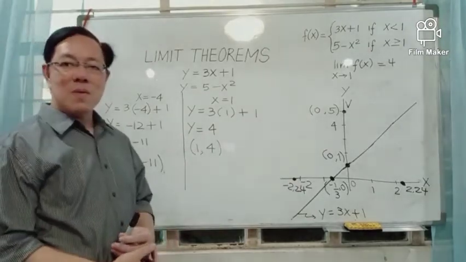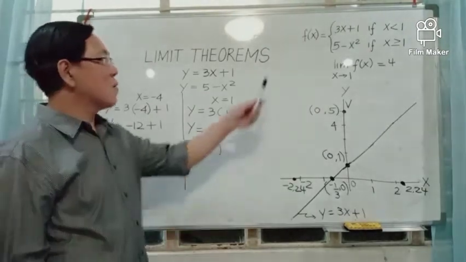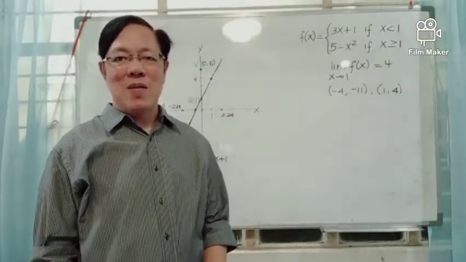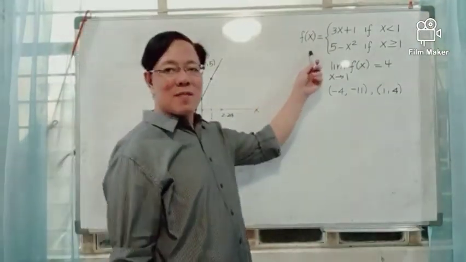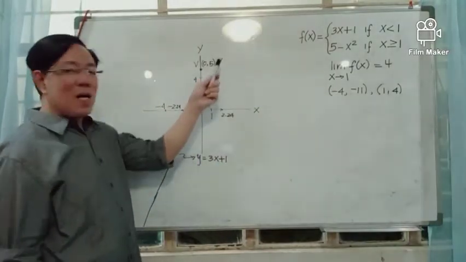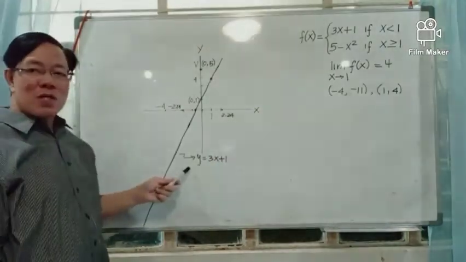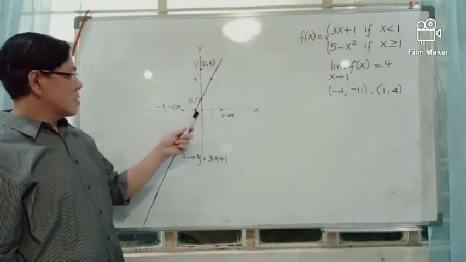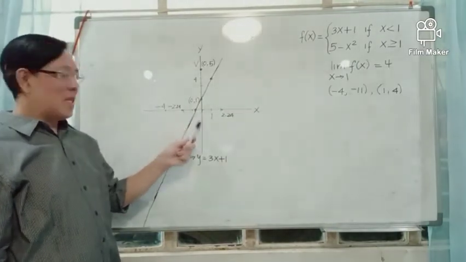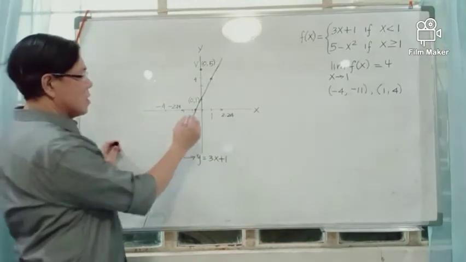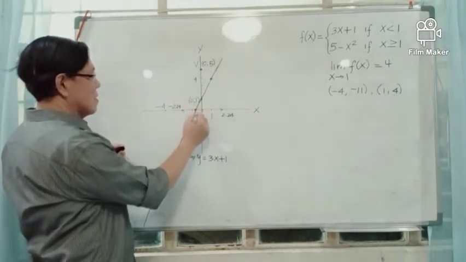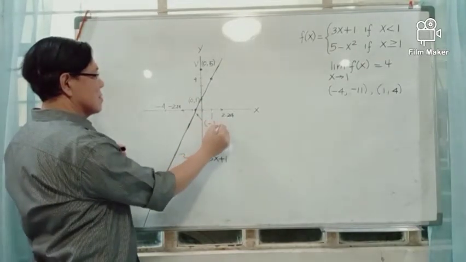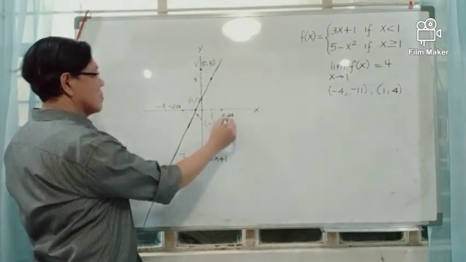We will now complete the graph of our given function f of x. Initially, we have drawn the line with equation y equals 3x plus 1. This is the x-intercept of the line with coordinates negative 1/3 and 0.